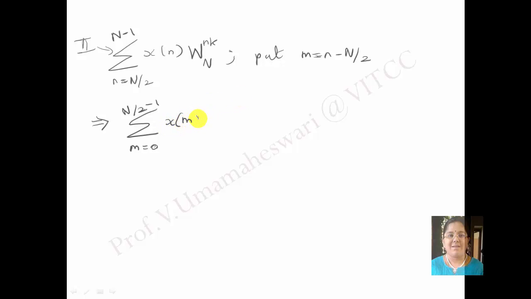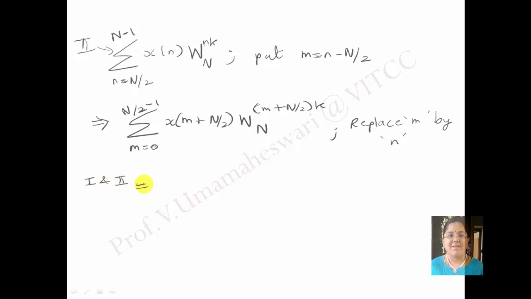So n is nothing but m plus N by 2, and then W, again m instead of n, we are going to write it as W_N to the power (m plus N by 2)k. So we have changed the limits for the second term, and you can actually replace m by n here because it doesn't make any difference. It's just a variable.